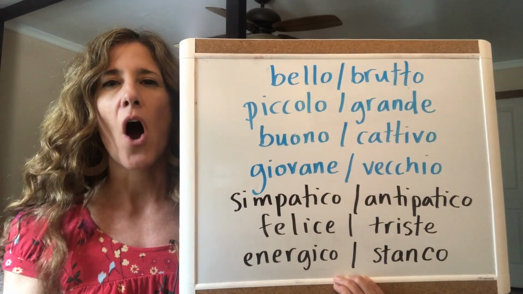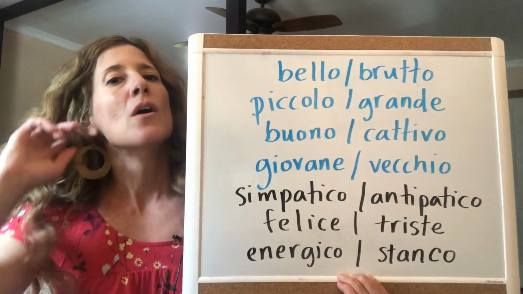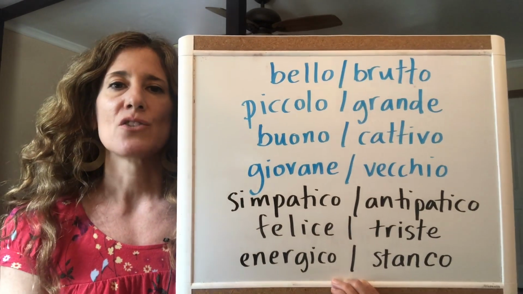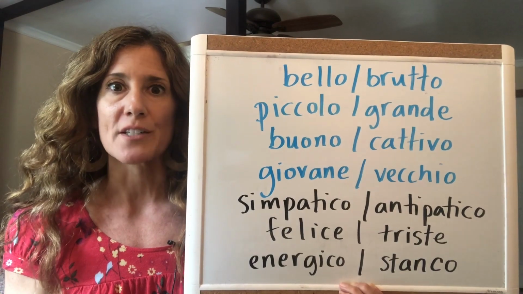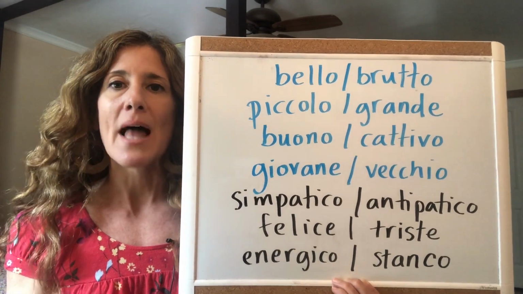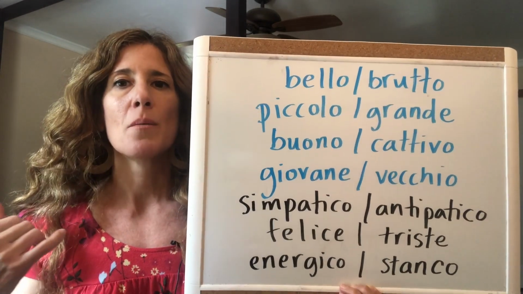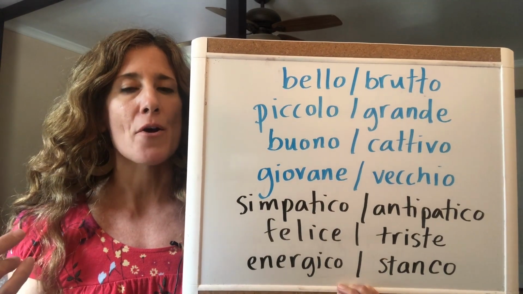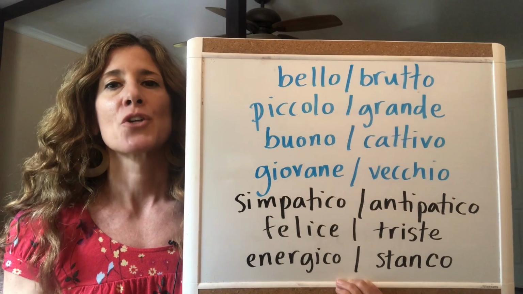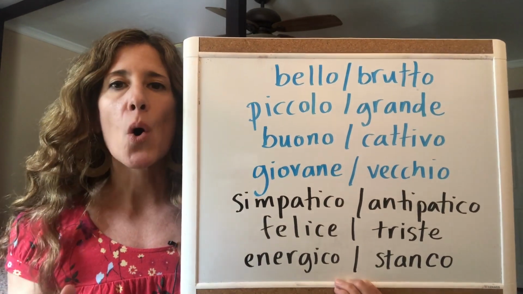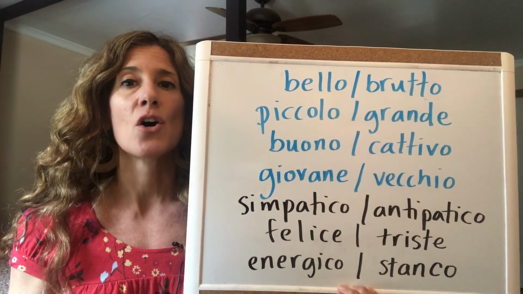So notice how most of these, the accent falls on the second to the last syllable, which is the rule for Italian pronunciation. Bello, brutto, piccolo, però that one doesn't follow the rule. The accent's on the first syllable. Grande, buono, cattivo.